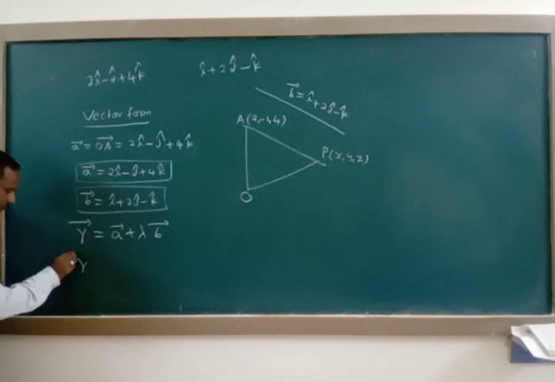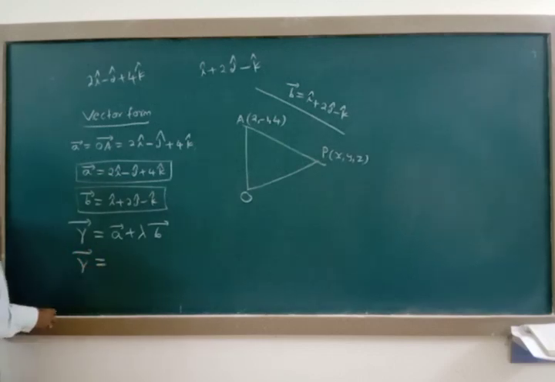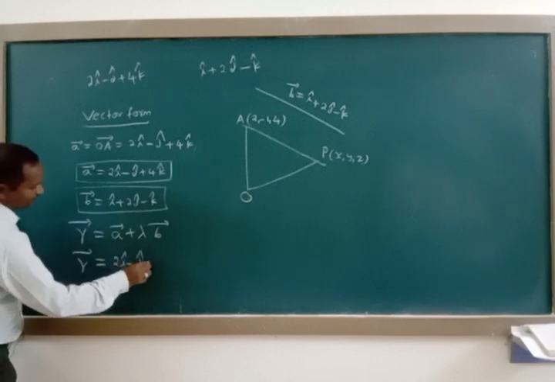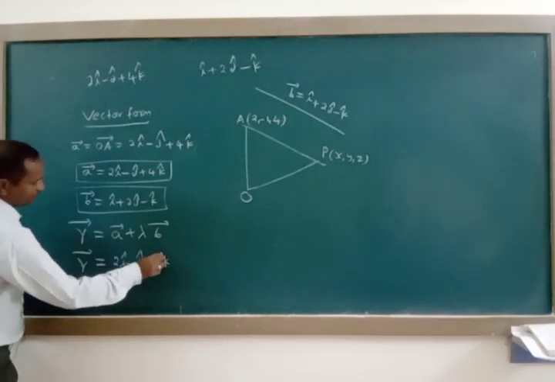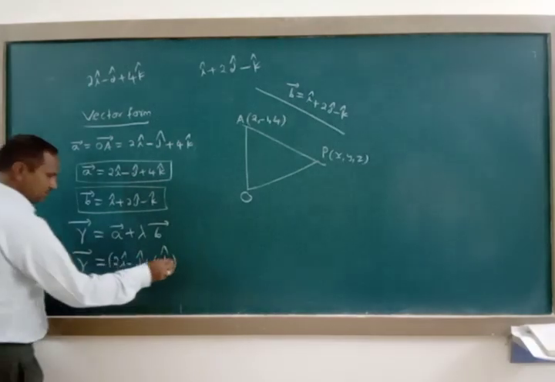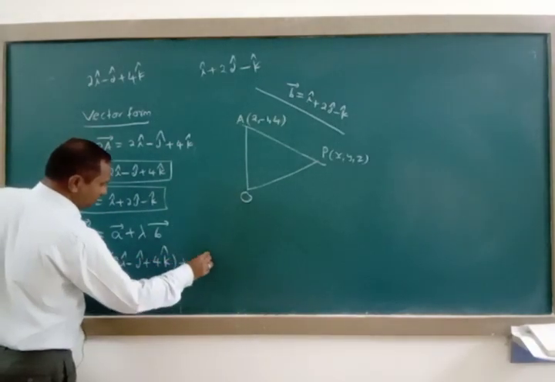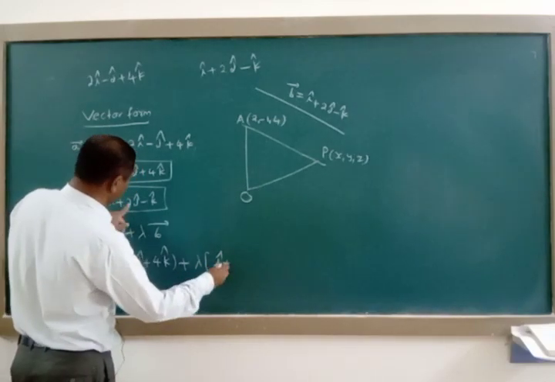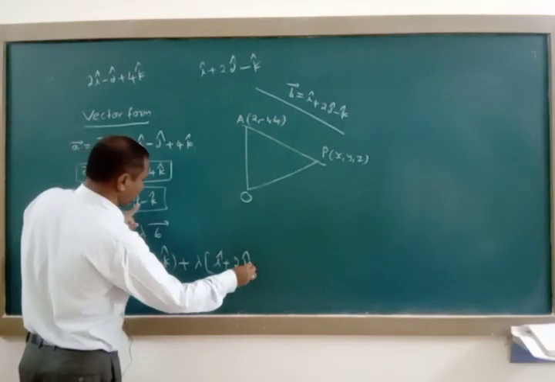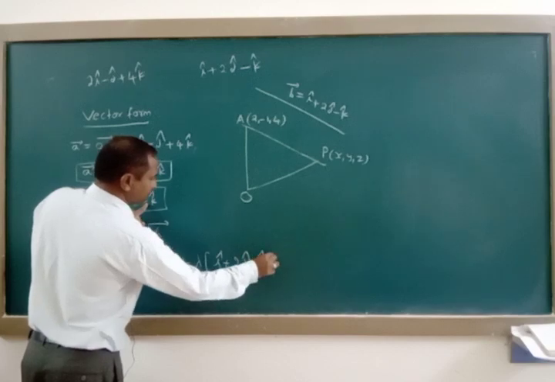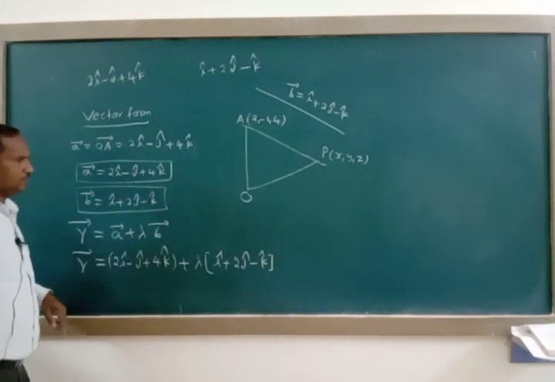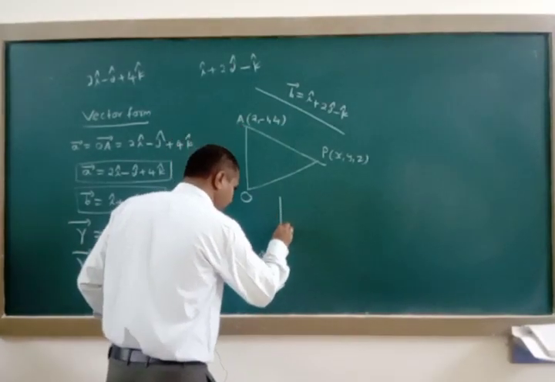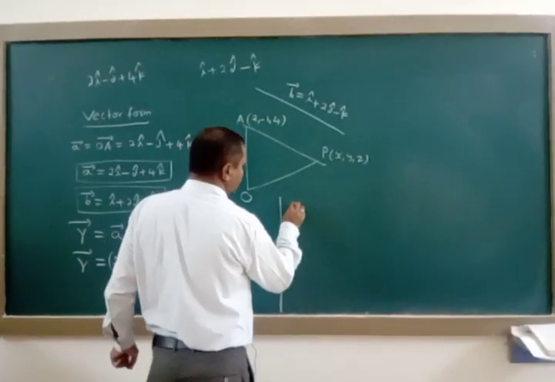So R vector is equal to A vector, 2i cap minus j cap plus 4k cap, plus lambda of B vector, i cap plus 2j cap minus k cap.